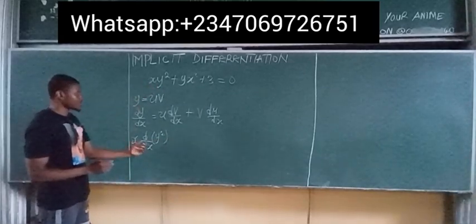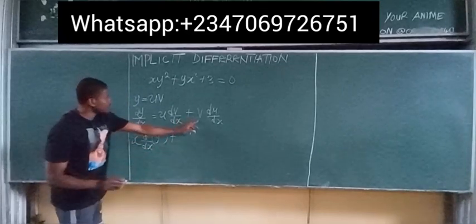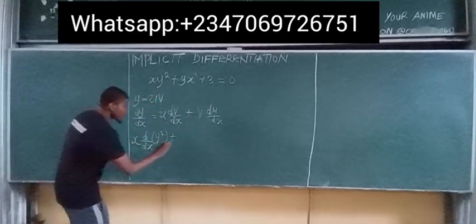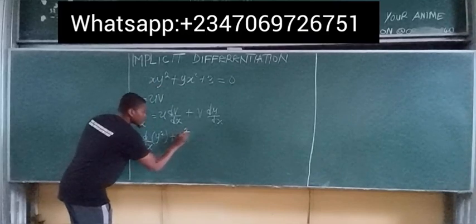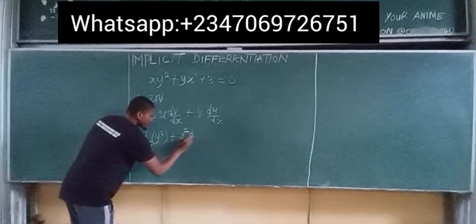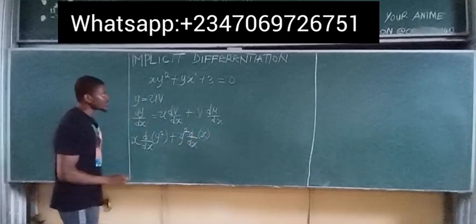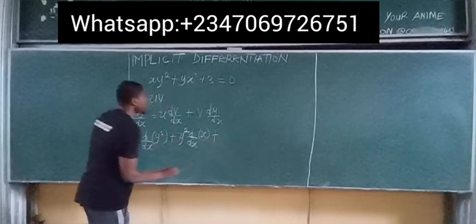Plus, now you keep v constant, which means I'm going to be keeping y squared as a constant. Then I'll differentiate x with respect to x. So that's simply differentiating with respect to x the function x. Plus, same thing goes here.